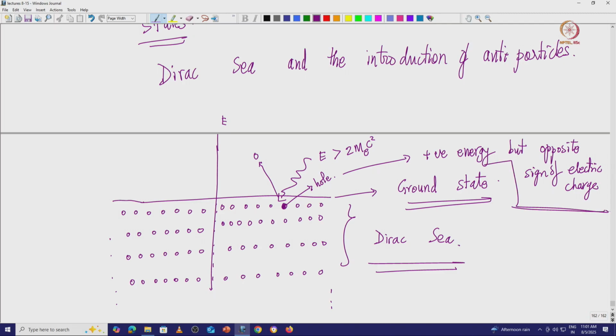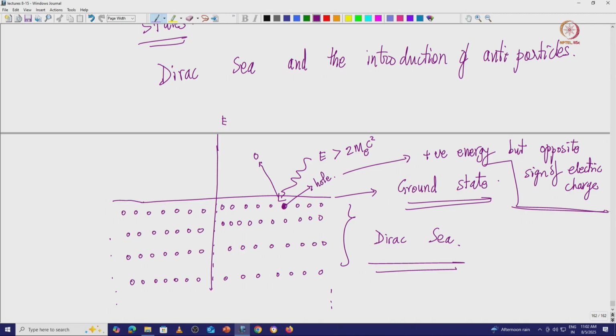Because the sea is completely full, the absence of one electron will look like the presence of a positive charge.